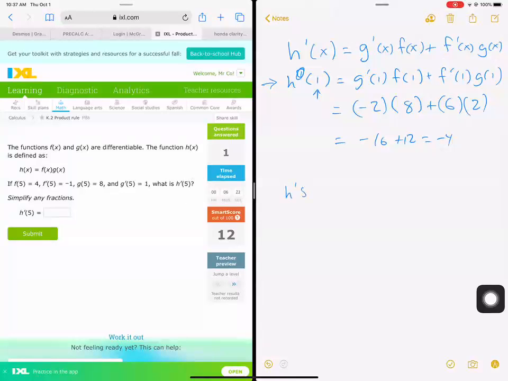H prime of 5 is take the derivative of the front, which is f and g, right? F prime of 5, leave g alone, plus g prime of 5, leave f alone. We can go back and look at the values that they give us. Just plug it in.